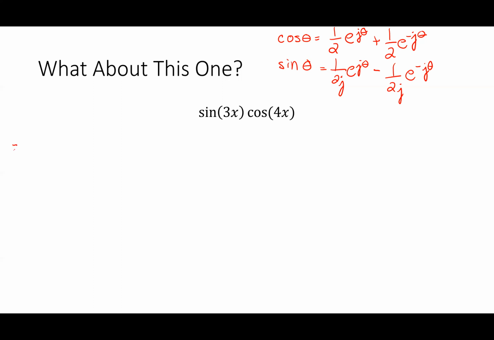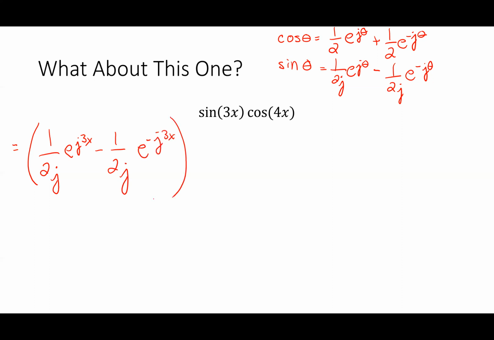So help me out with that. How do I do sine of 3x? What do I write for that? Well, it's 1 over 2j, right? Theta, what's theta? If I'm looking at sine of 3x, what's theta? 3x. So e to the j 3x. All right, so then it's minus 1 over 2j e to the negative j 3x.